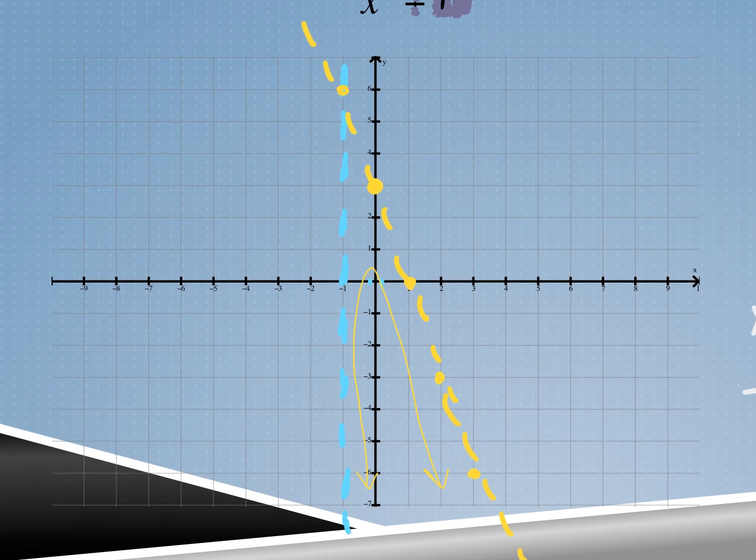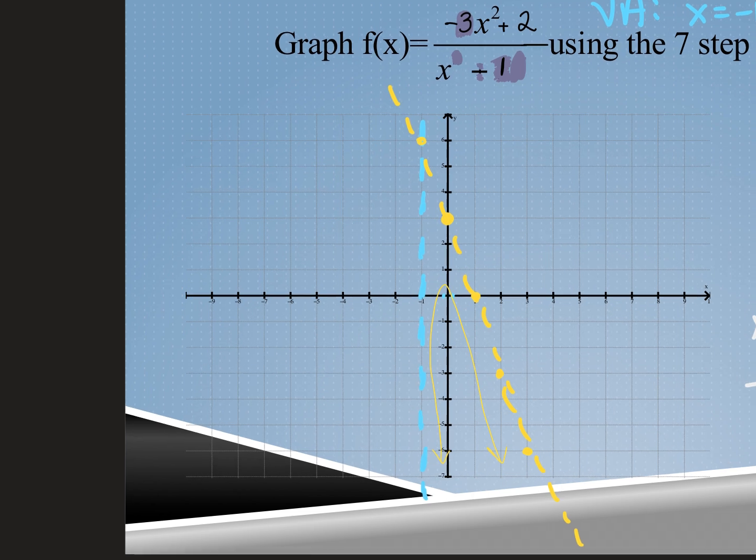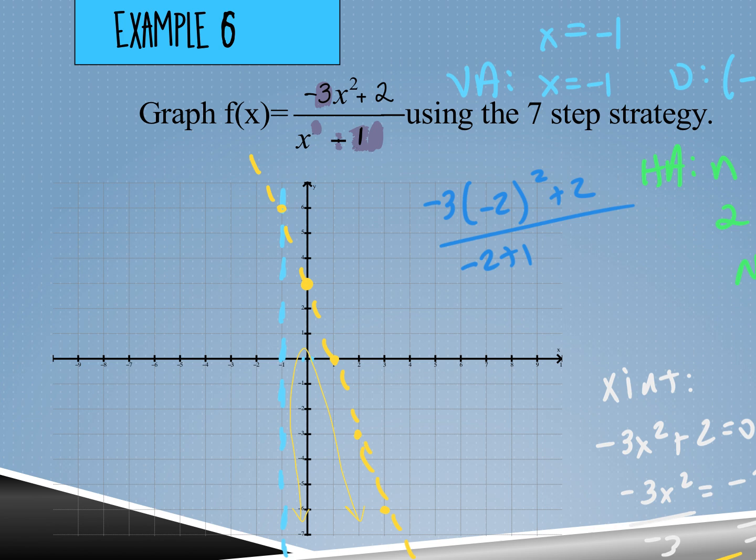So now let's pick a number over here to the left of your vertical asymptote. We already know where it lies on the right of the vertical asymptote. Let's pick a number to the left. Any number you want. Negative 2? All right, so negative 3 times negative 2 squared plus 2 over negative 2 plus 1. What's negative 2 squared? 4, and 4 times negative 3?